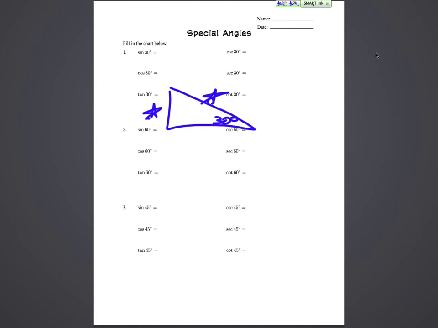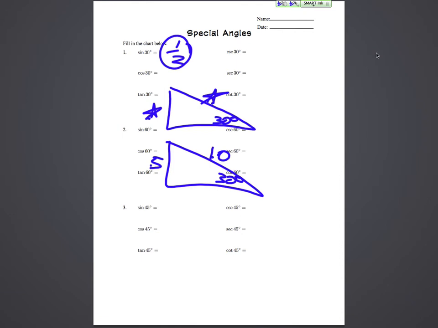Because the ratio of it must produce what? The ratio must be 1/2. So if I've got a triangle with a 30-degree angle, and I know this right here is 5, what does the hypotenuse have to be? 10. It has to be 10. Because the opposite over the hypotenuse has to be able to reduce to 1/2.